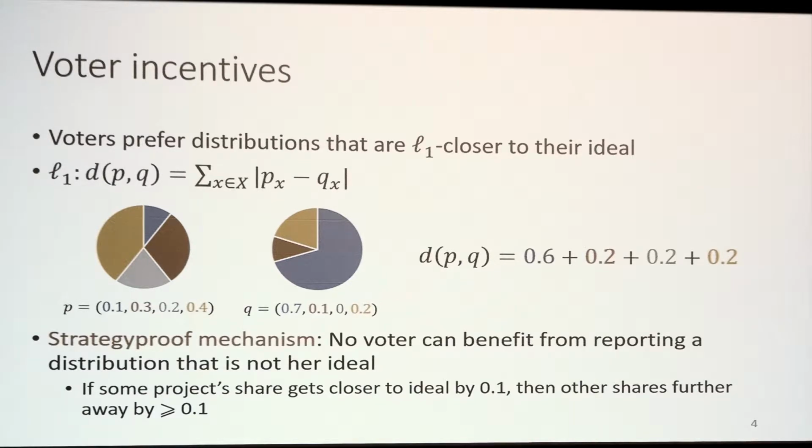We'll say that a mechanism is strategy proof if no voter can ever benefit from reporting a distribution that's not her ideal. The way to think about this is, if you can misreport and make some projects' share of the resource get closer to your ideal by, say, 0.1, then the shares of the other projects should collectively get further away by at least 0.1.